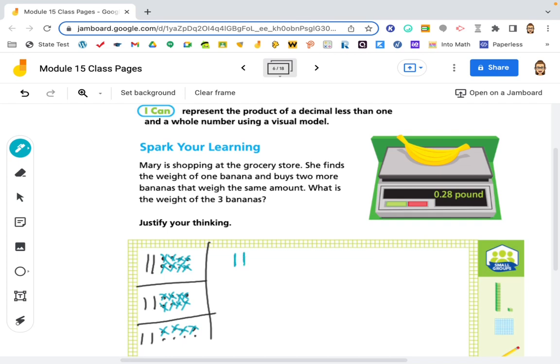And then I have 1, 2, 3, 4 hundredths left, and 6 more. So 1, 2, 3, 4, 5, 6 tenths. So we have no wholes. Then we have 8 tenths and 4 hundredths. So that means we would have 84 hundredths pound.